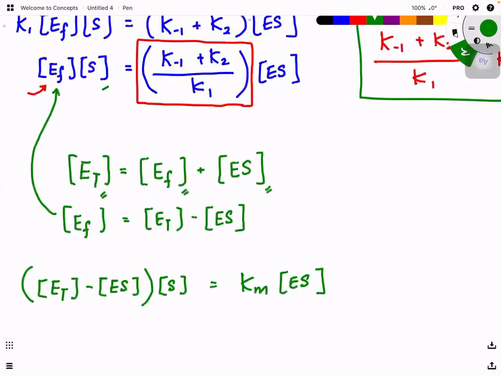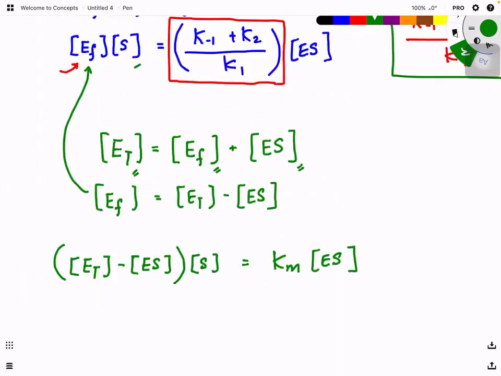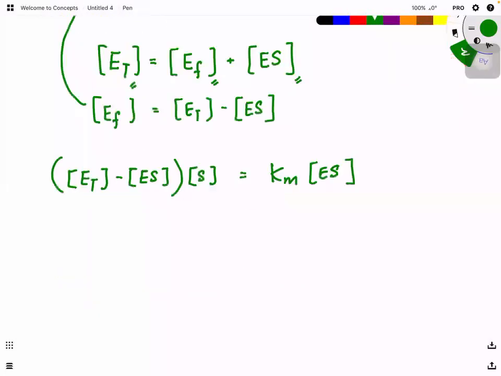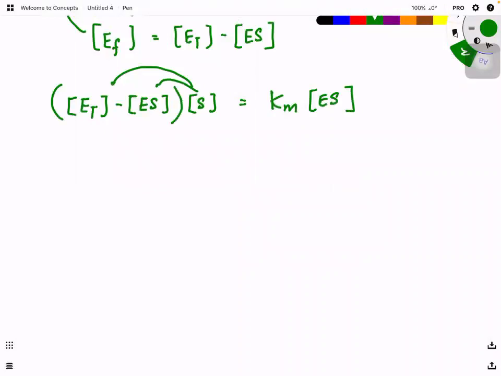Okay, clear until this part? I substitute only, I didn't do anything. Okay, I substitute, then I start to multiply it. Okay, expand it. So I will get what? Here I will get the total enzyme multiplied with the substrate concentration, minus the ES complex times the substrate concentration, equal to Km ES.